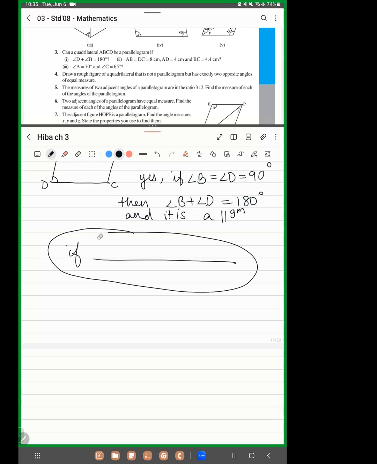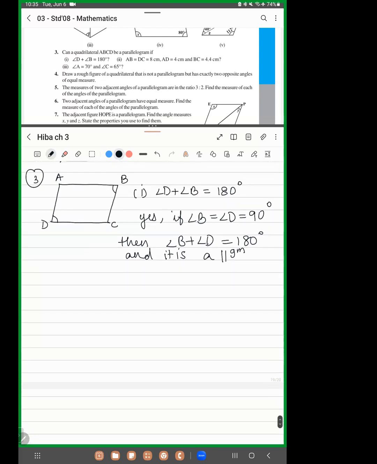Are you understanding? है ना? So we don't need to mention that "but not always" part. ठीक है?